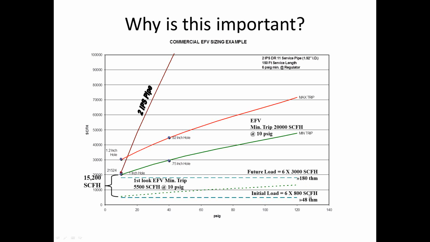Okay, so we're going to look at an initial load of about 48 therms here, or 4,800 standard cubic feet per hour. And if we were to size that for, say, a 5,500 standard cubic foot per hour at 10 psi EFV, you can see at 10 psi, this is a 2 IPS line by the way, and we're looking at 150 feet of service, 6 psi minimum at the regulator.